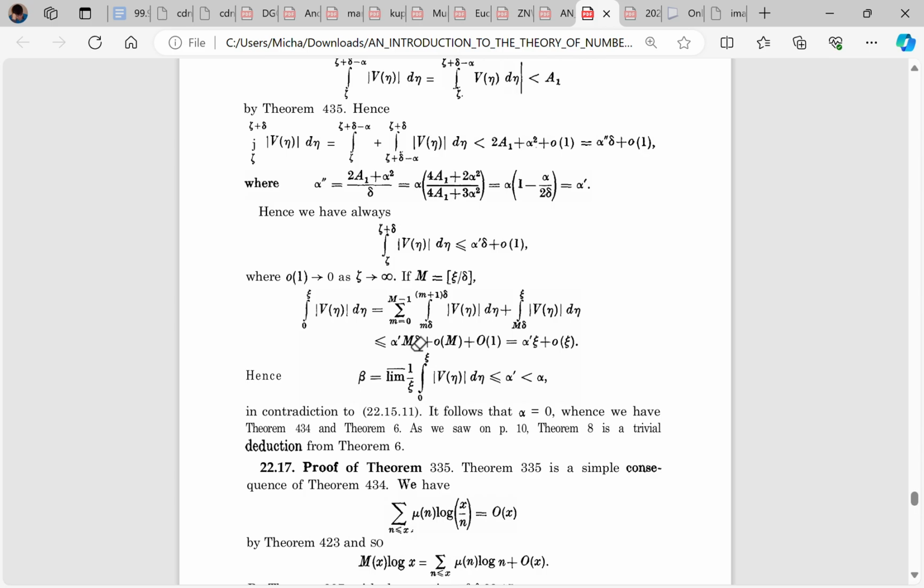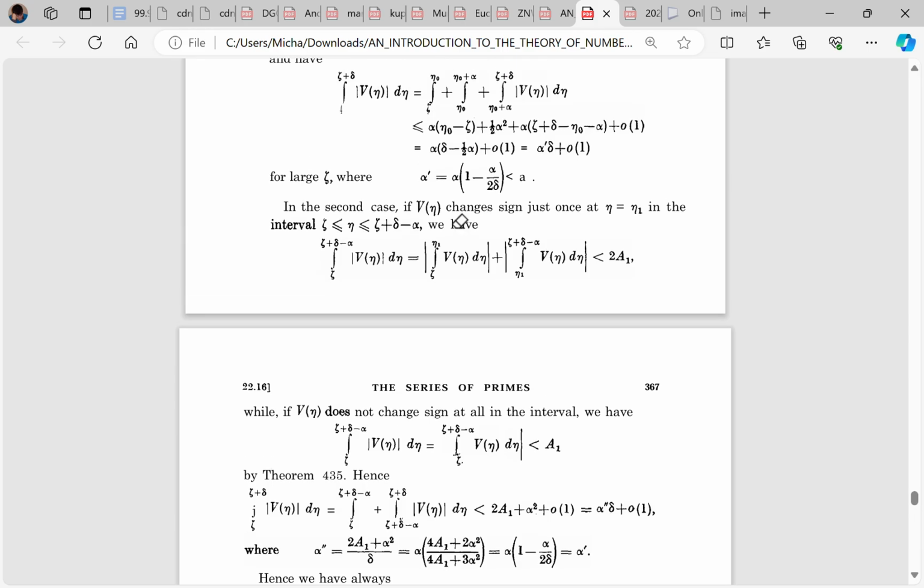And there's m of those, so it's m times alpha prime delta plus m, capital M times little o of 1. Okay. And the big O of 1, I think that just comes from the last integral here. It's big O of 1.